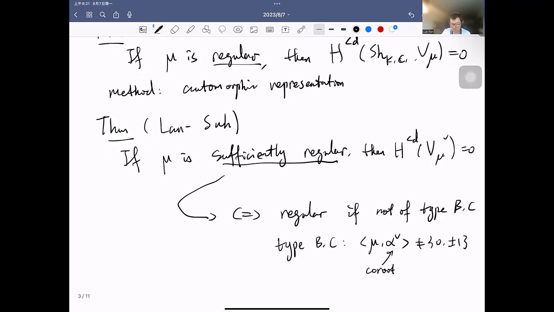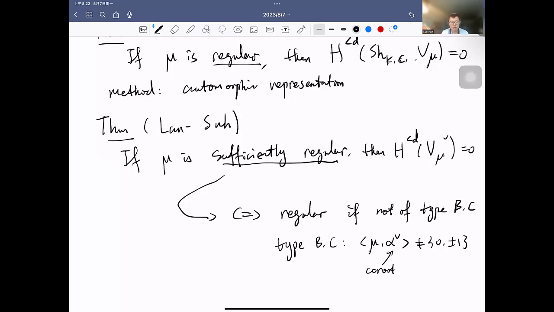So you see that the result is slightly weaker, but one good thing is that they also have vanishing results for coherent cohomology. As I mentioned, already in the case of modular curve, you look at H0, and we see that there's still some Hodge-Tate weights missing there.